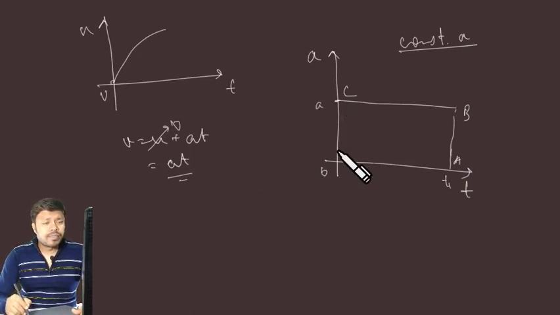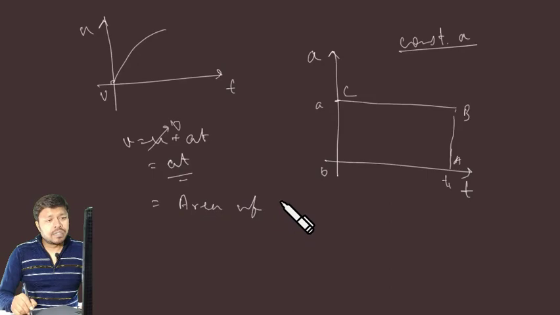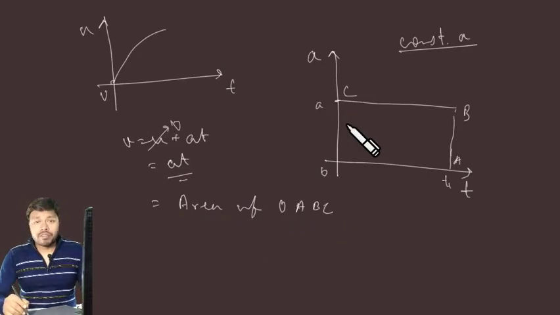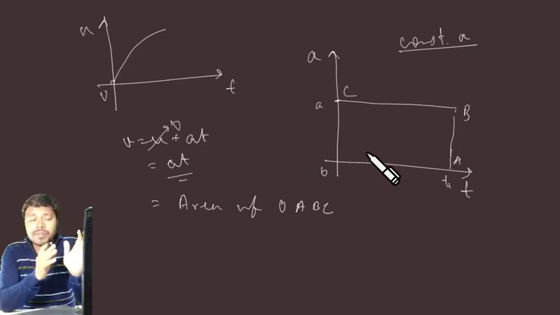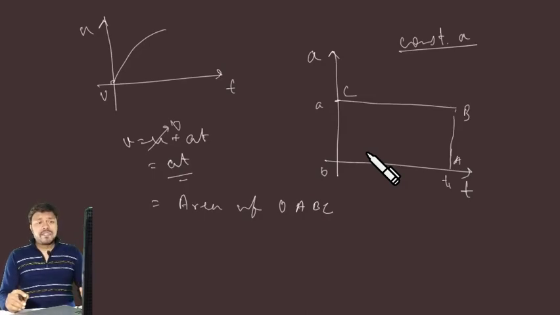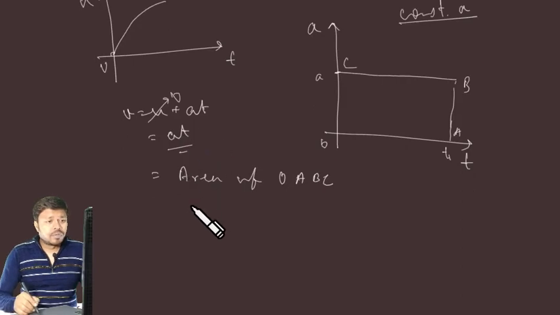A is the breadth of the rectangle OABC, and t is OA, which is the length of the rectangle. Means at is what? At means the area of the rectangle OABC. That means from the acceleration time graph we can find the velocity of the body simply by finding the area under the graph.